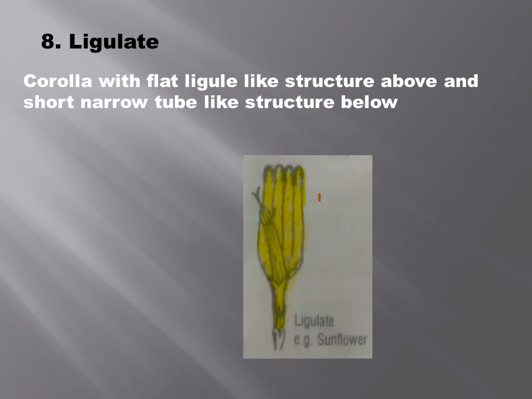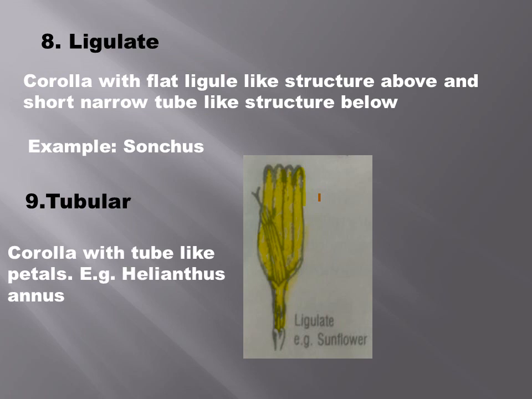For example, the ligulate shape of corolla is present in the sunflower, Helianthus annuus. The next type is tubular. The corolla has tube-like petals, a tube-like structure, for example in Helianthus annuus or the sunflower.